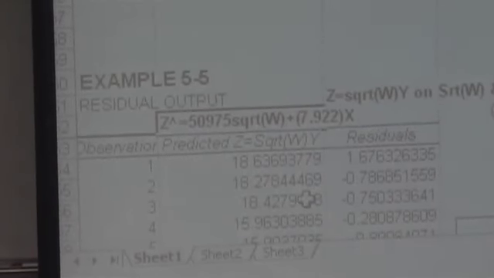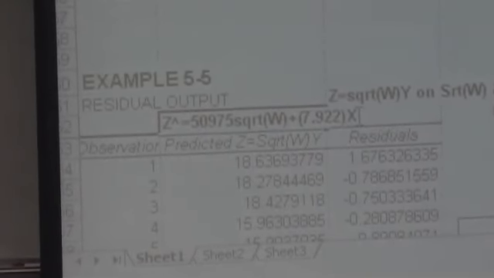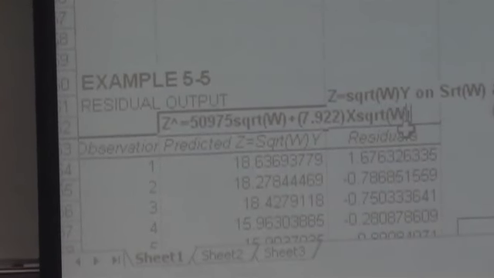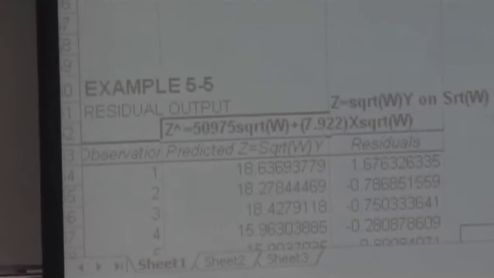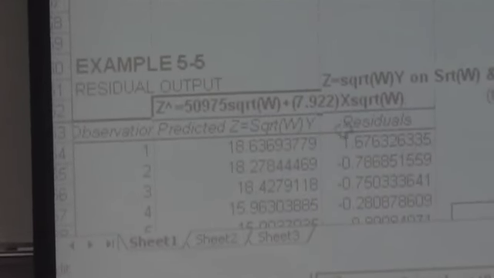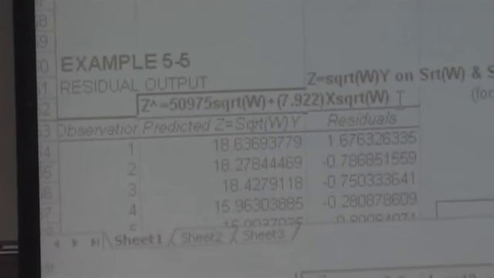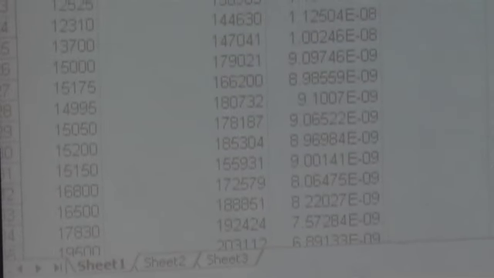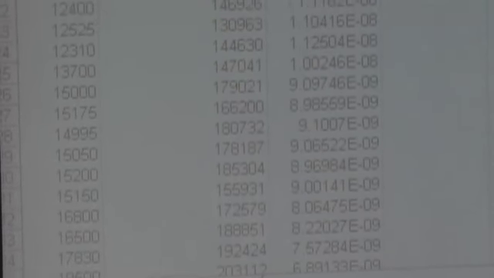Z hat, the output, the predicted would be square root of W and X times the square root of W. If I got the Z's in there, I got to have the square root of W's. Okay? It's different X variables. All right? Same coefficients. That should be the right thing. So let's just check. It was 18.6 should be 5974 times the first number, 0.000024. So let's just check it.